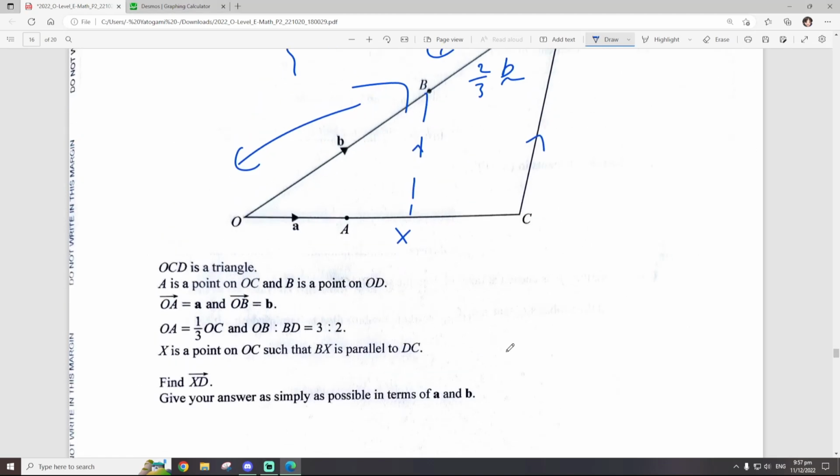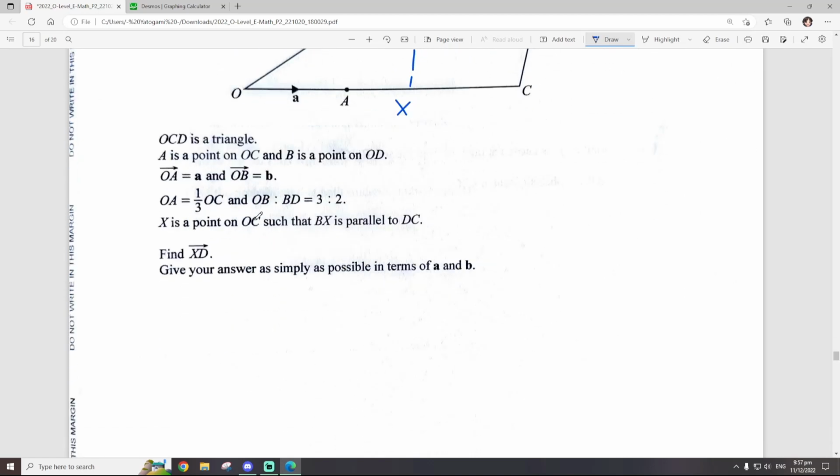Well, OA is 1/3 of OC, which means that OC is just 3A. So we have CD equals OD minus OC, which is 5/3 B minus 3A.